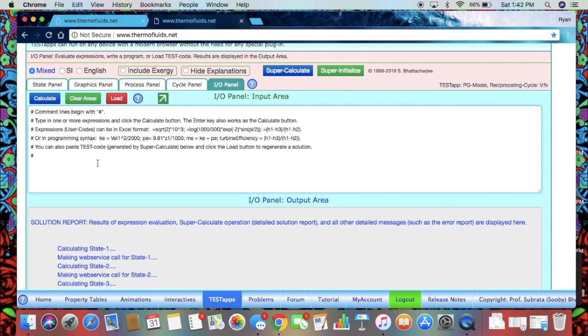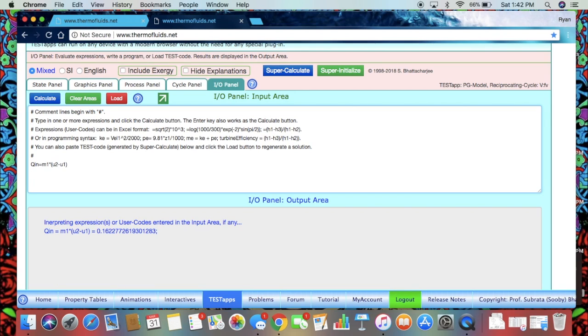Moving to the I/O panel, we can show that Qin equals M1 times U2 minus U1. Qout equals M1 times U4 minus U1. Qnet will equal the difference between them.